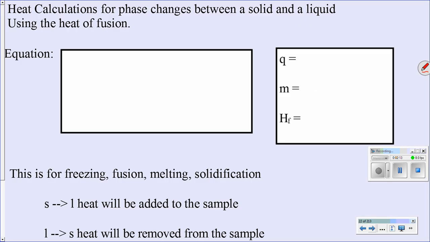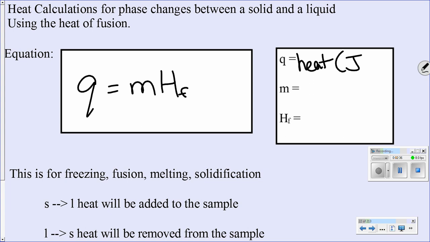So if you look at table T on your reference table, we have what are called the heat calculations. The first one that we're going to use is for when we're dealing with calculations involving heat of fusion. So this is Q equals mHf. Q is heat, and that's in the unit of joules.